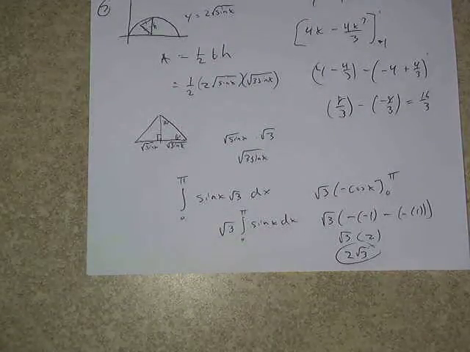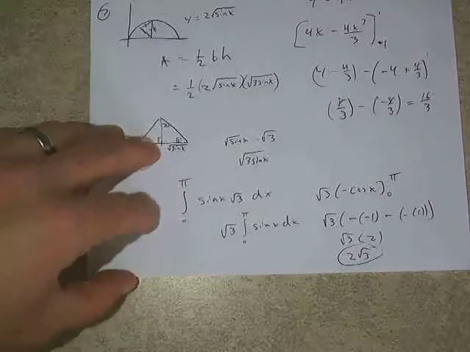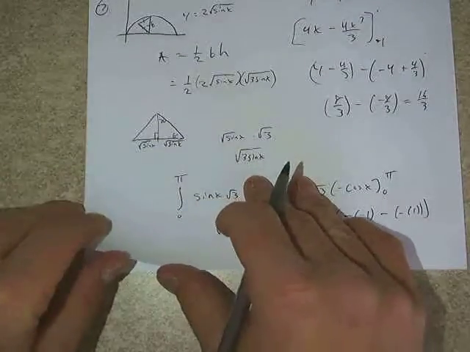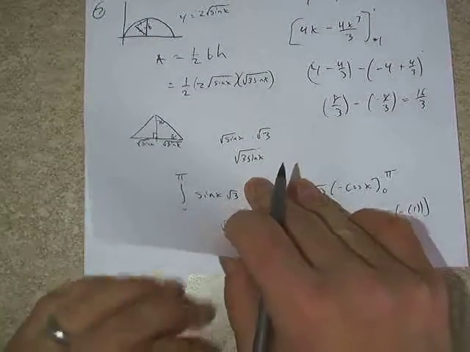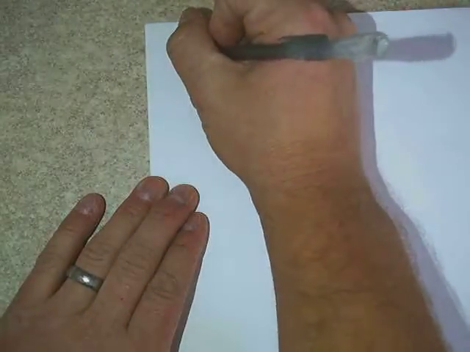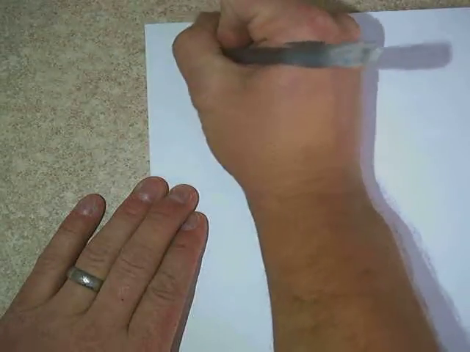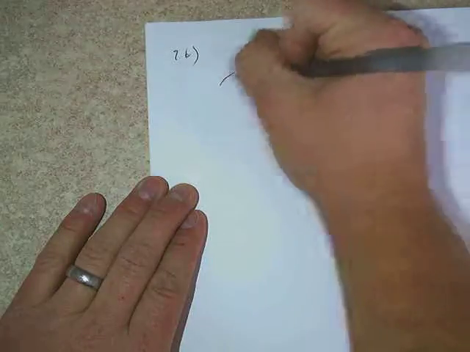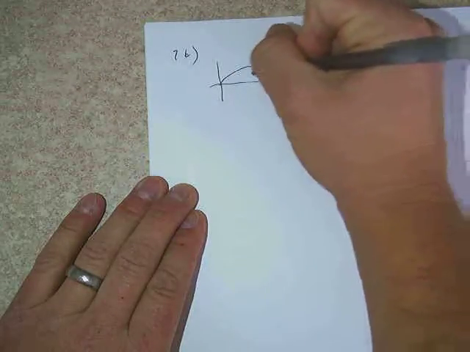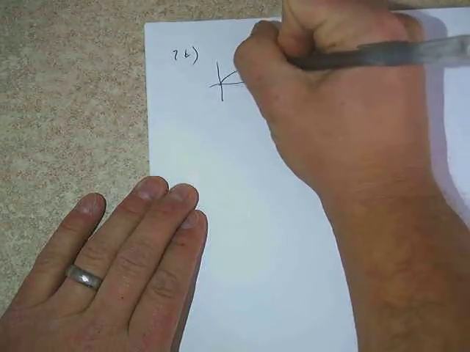Alright. Questions on any part of that one, the equilateral triangle? Alright. And how would that change then for part B if we had to do this with squares with bases running from the same?